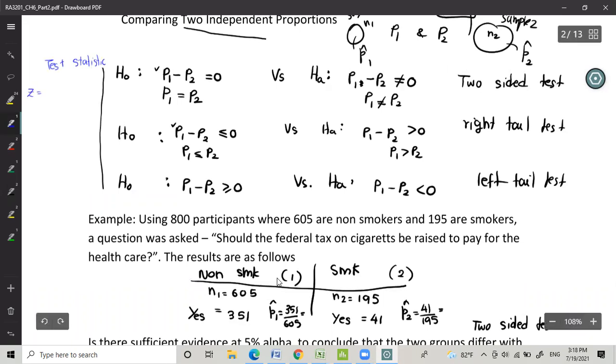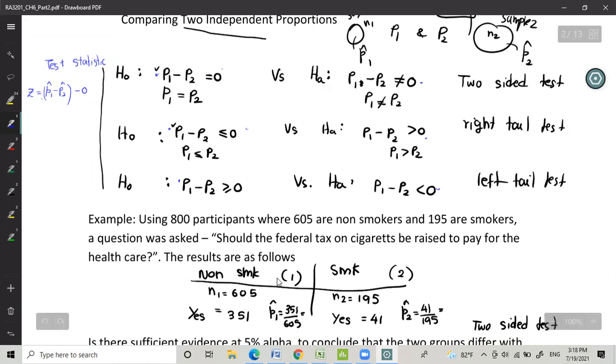Always it is going to be a z-score, you know that, with the proportions p1 hat minus p2 hat. We use minus 0 because we are always using this first one. That's the recommended one. What you see after the sign is always 0. So that is why we have this 0 here. That is what you see under the null hypothesis.